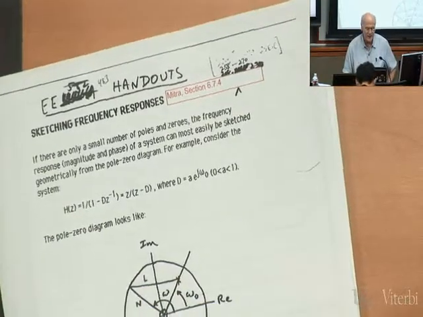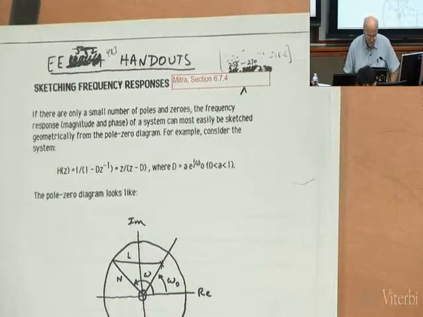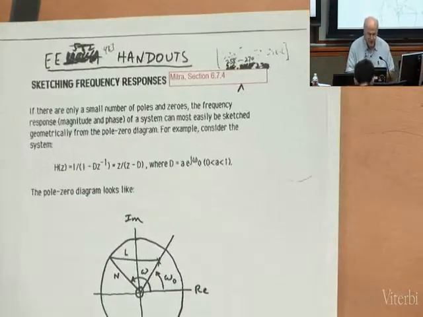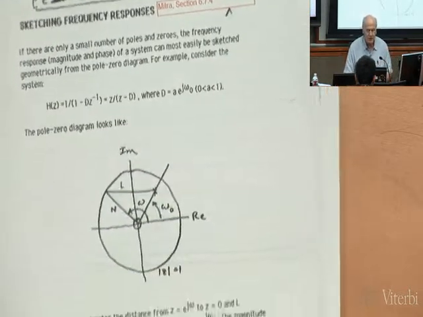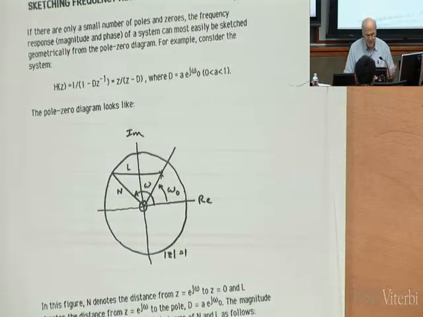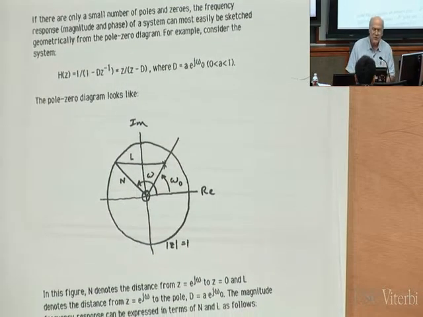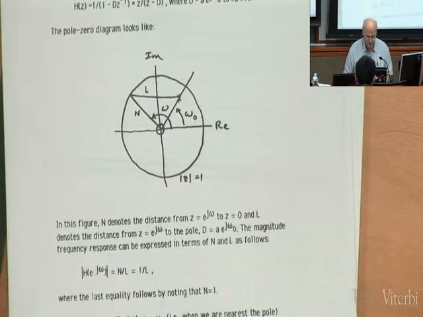One other thing I'd like to mention is that I showed you the pole-zero plots and the Z transforms, and then I computed and sketched the magnitude frequency response. There is a way to do that graphically. I don't spend much time with this, but just FYI.